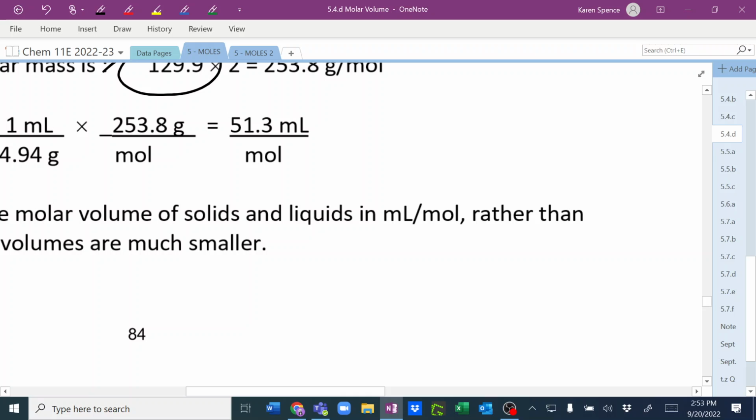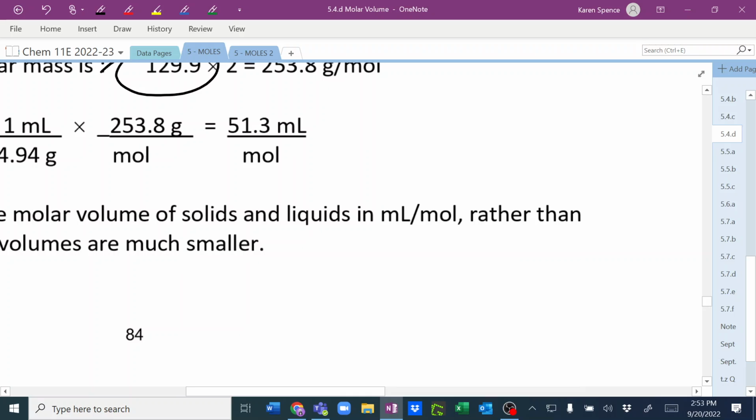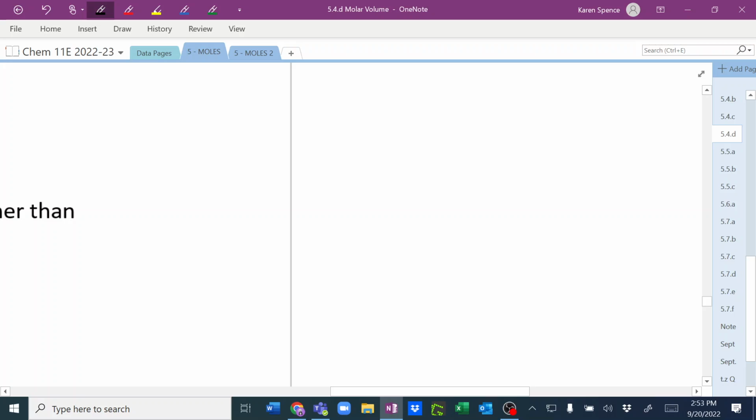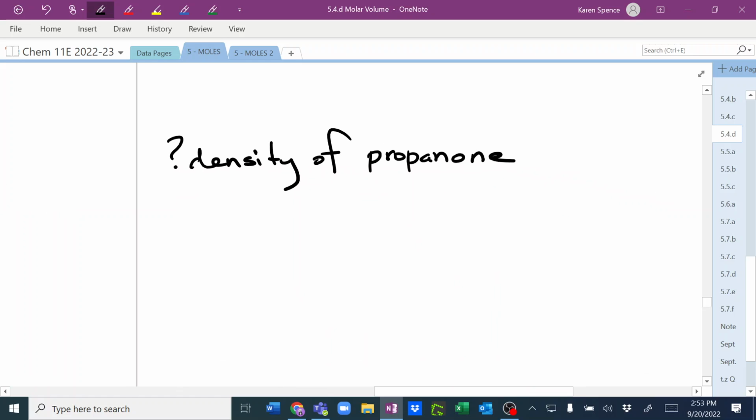So what if we wanted to find the density of propanone? Now, do you guys know what the prefix prop means? Prop means 3, okay?